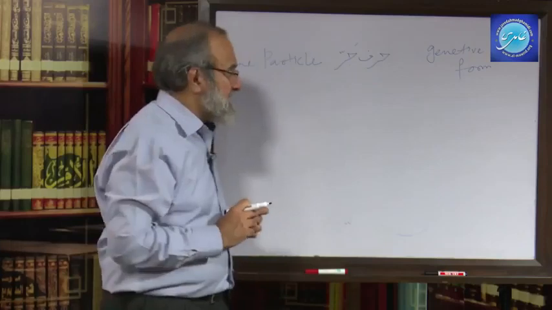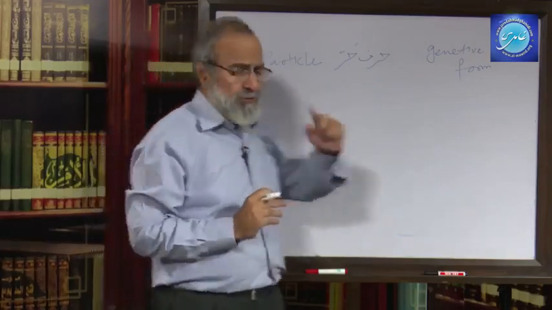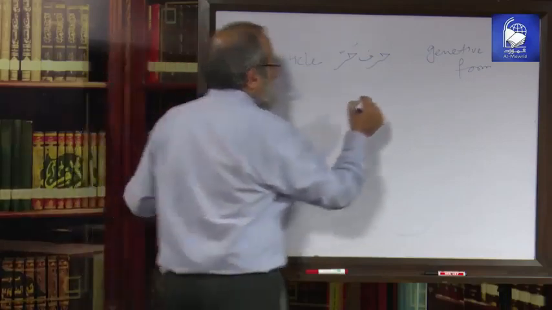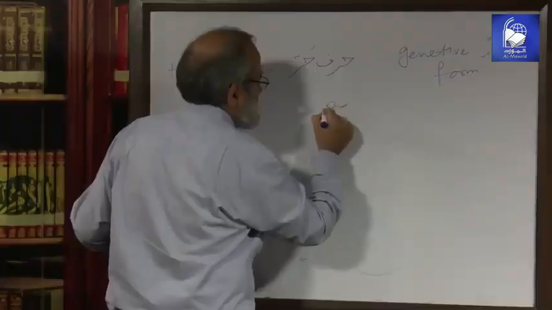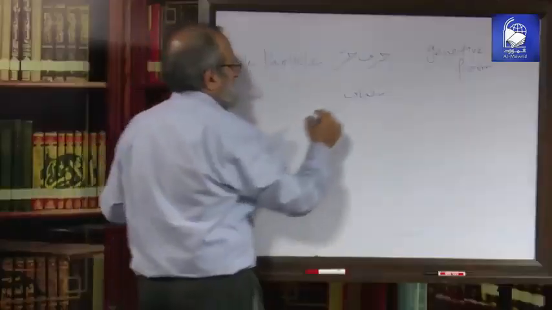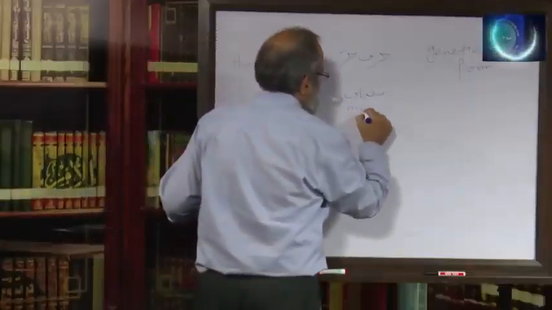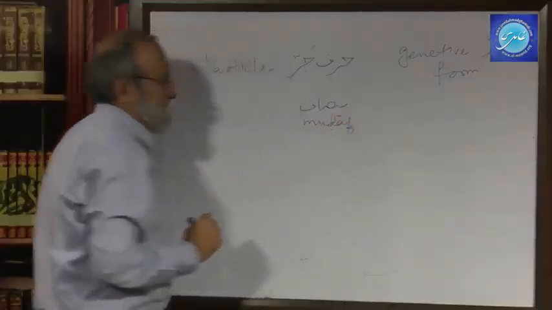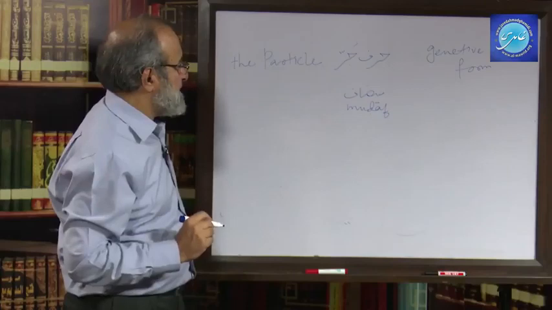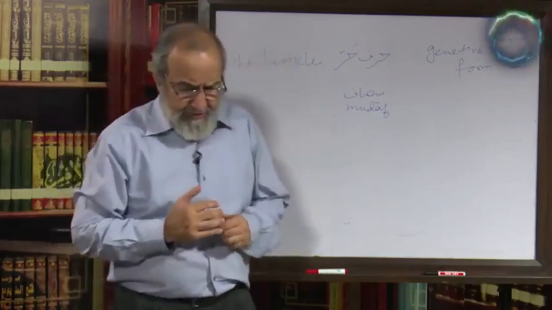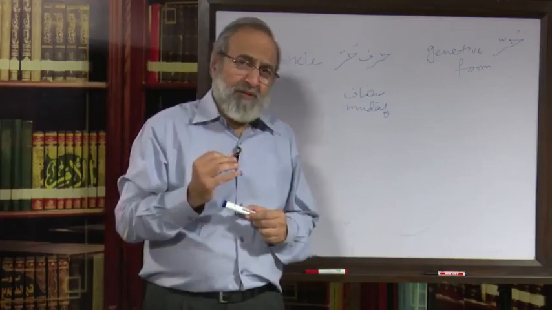So the genitive case is because of 2 reasons. One of them is harf jar, and the other is mudaf ilay, which if we write in the transliteration form, it would appear like this, because D with a dot beneath it is actually dhat.